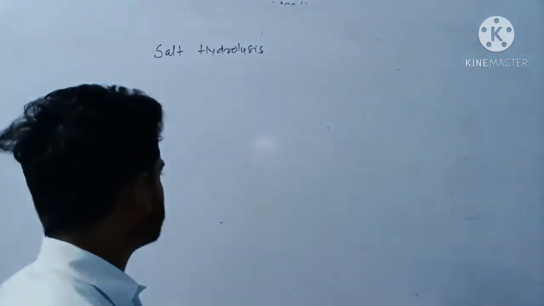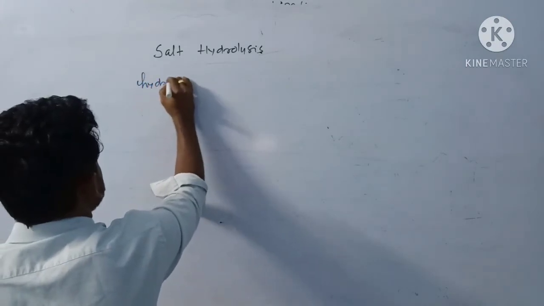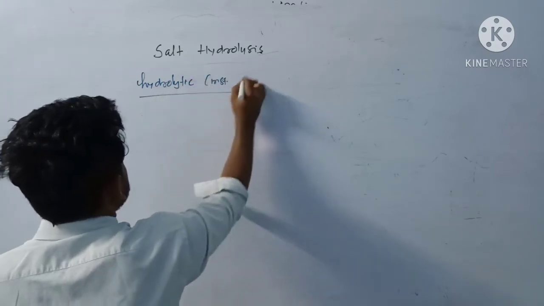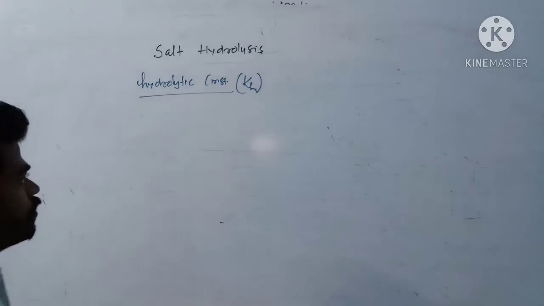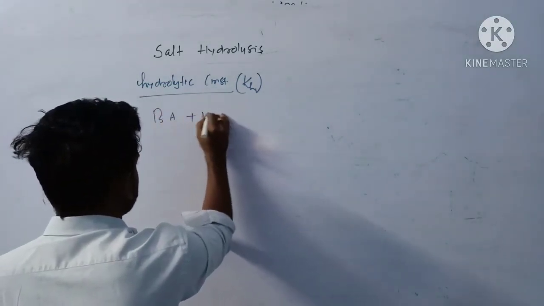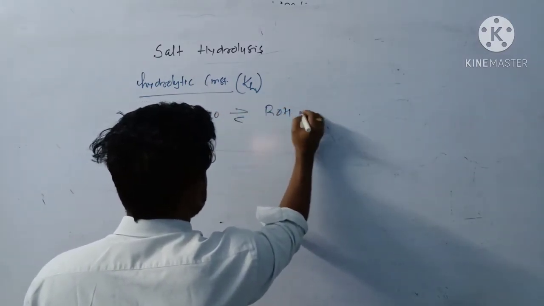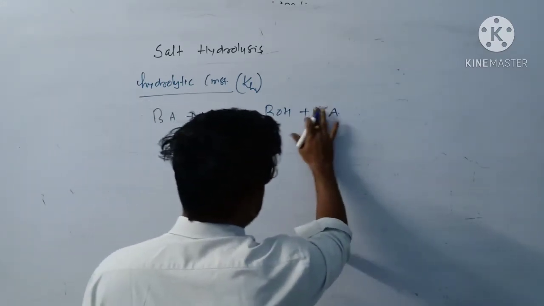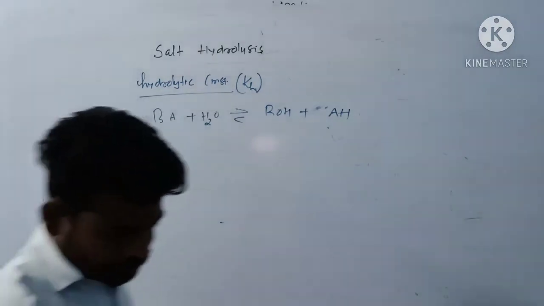Now let us discuss what we mean by hydrolytic constant. Hydrolytic constant is represented as KH. Clear? Suppose I am considering a salt BA plus H2O giving rise to BOH plus HA, that is the acid.